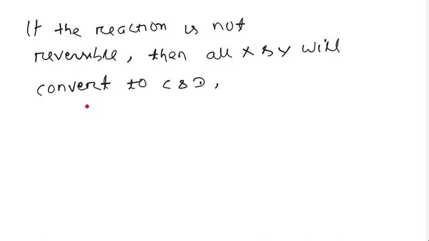So in this case, there is only a forward reaction. There is no reverse reaction. That means a one-directional reaction cannot achieve equilibrium. So if there is only a reaction from the reactant to the product side, that means it is an irreversible reaction. The reaction will complete, but it will never achieve equilibrium.